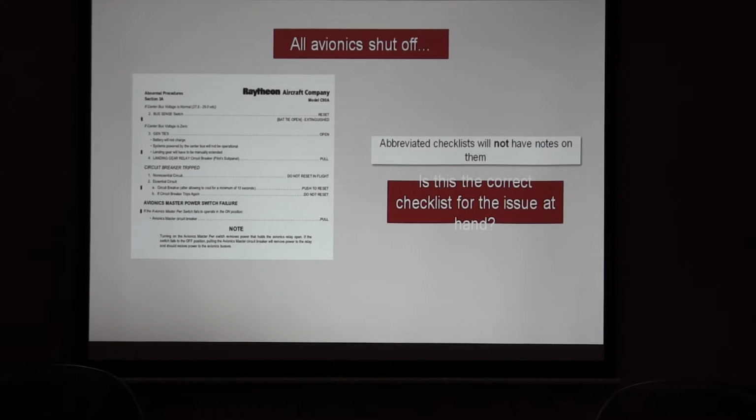And it comes down, I think also, Beech does this a lot, because I saw it in Baron Bonanzas and the 200 all the time too, there's a lot of checklists that are misleading. Like on the 200, if you got a dual bleed air failure, well, there's a checklist that says left or right bleed air failure. Everyone would do that, but it was completely incorrect for the situation because it said or.